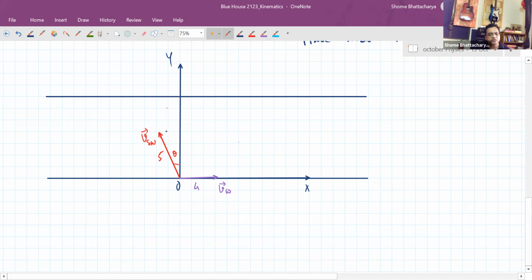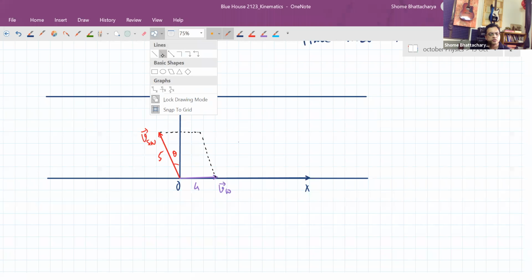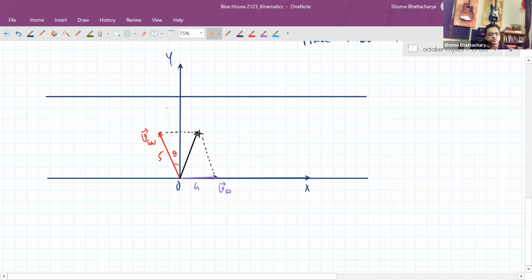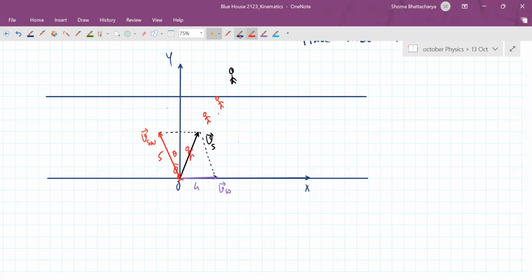So when we calculate the vector sum of these two, we'll see that it comes out to be something like this. It has a drift component also. You'll end up moving something like this. This will be the net velocity of this swimmer with respect to the ground frame. So even though the swimmer's body is oriented like this, he'll end up drifting like this, eventually reaching somewhere there.